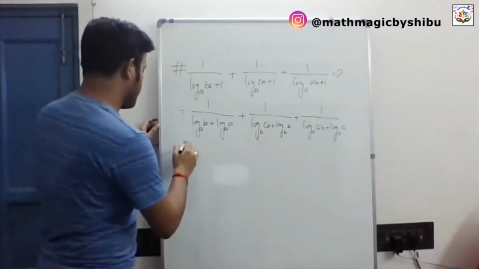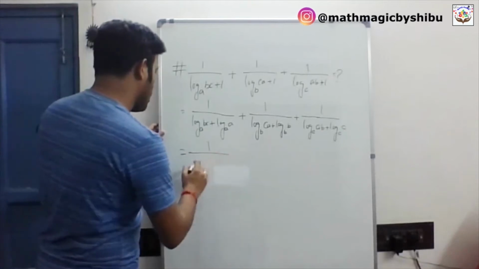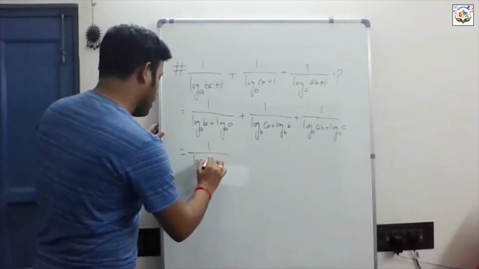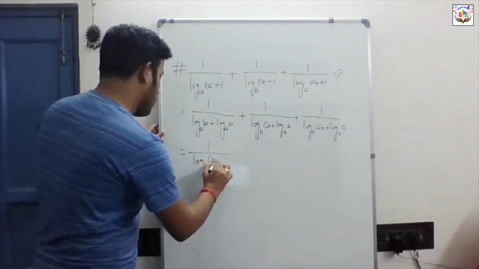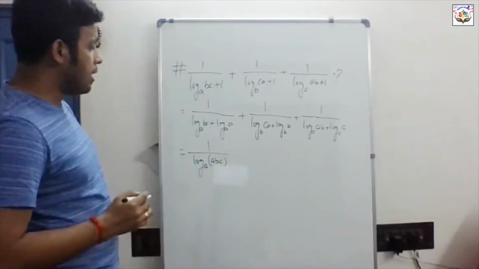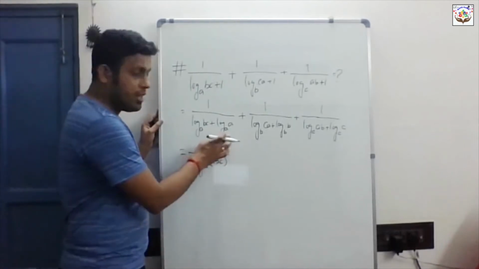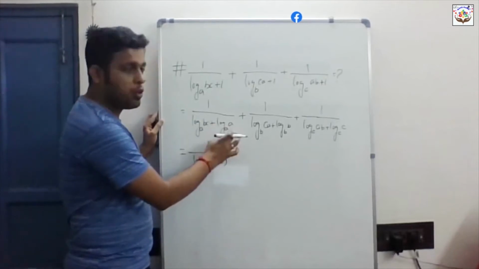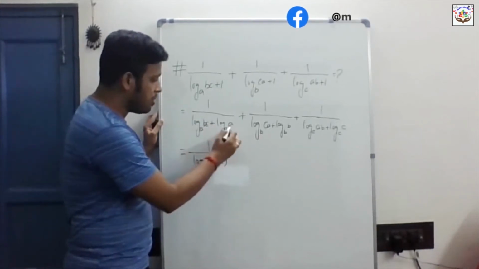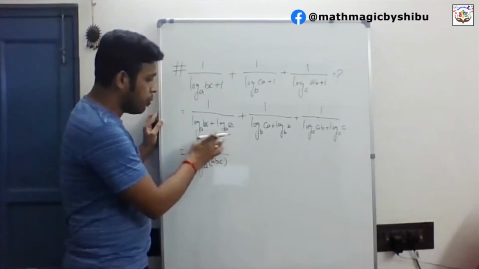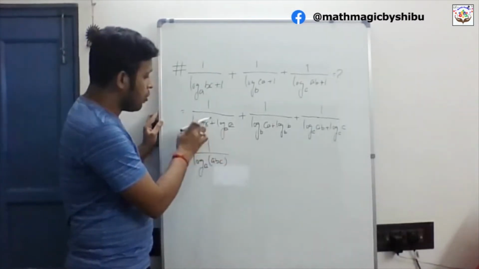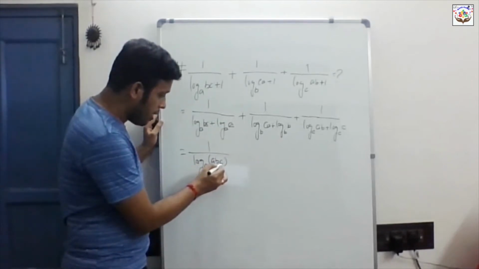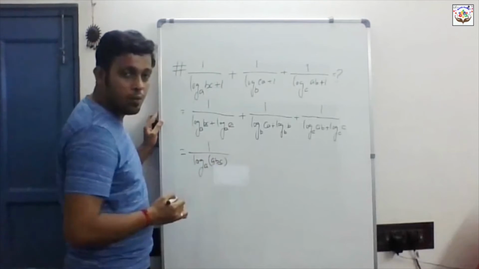So why are we doing it? Let us see. Here I think we can write log a of abc. Why am I writing it? Because we know if the bases are the same, then log x plus log y equals log of x into y. So if this is the x part and this is the y part, the base is the same, a. So this is the x part, this is the a, only the y part.